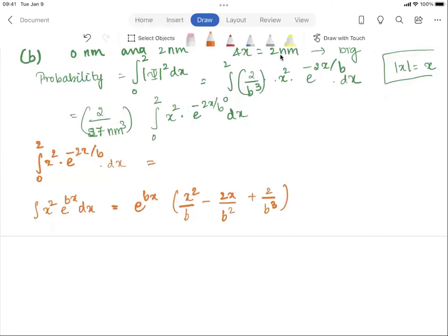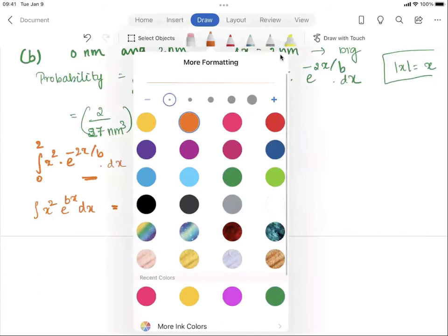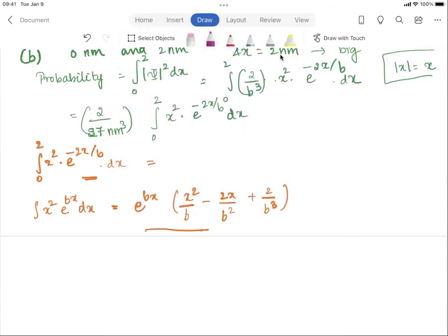Let's adapt this to our situation. In our case, b is actually negative 2 by b. So we have the exponential term as it is, and x squared by the exponential term.